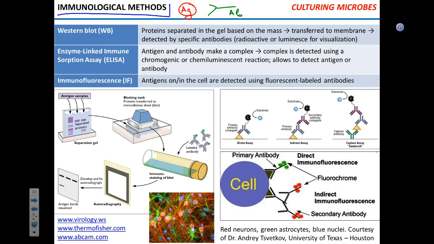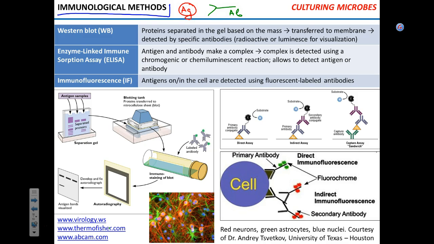The key property of antibody and antigen interaction is that it is extremely specific. It's lock and key. Antibody that recognizes influenza virus will recognize only influenza virus. Does that make sense?